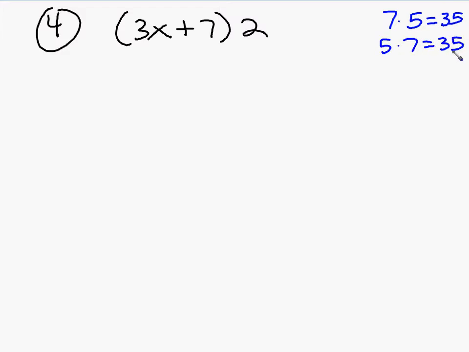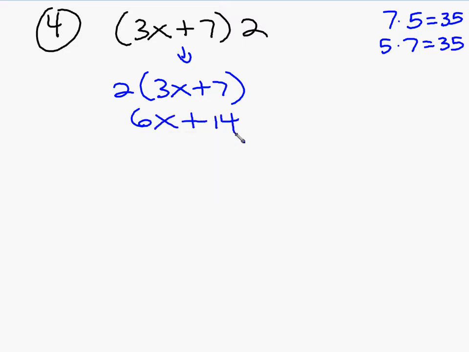Isn't it also 35? So if you change the order of multiplication, that's okay. 7 times 5 is the same thing as 5 times 7. So in this problem, isn't this the same thing as 2 times 3x plus 7? Yep, exactly the same. So now we just do what we've been doing. Why don't you see if you can finish that problem without me? All right, your answer should have been 6x plus 14.